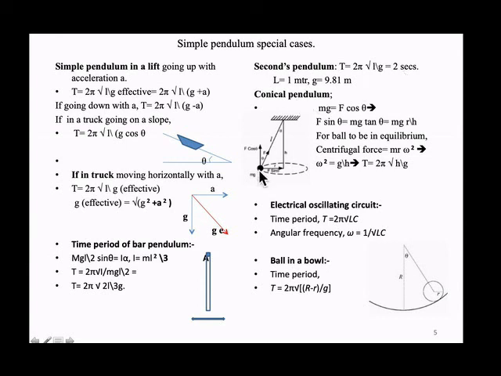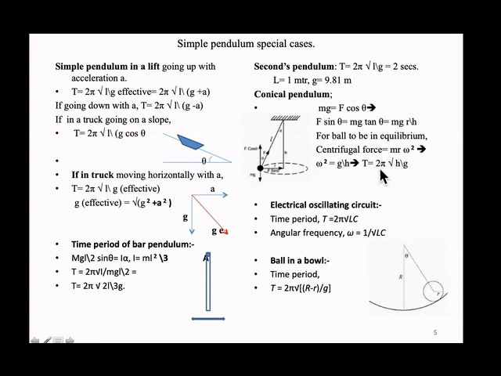So what is a conical pendulum? This conical pendulum, what is the time period? Time period means the time it takes for one revolution. So if you see the equation, mg is equal to tension cos theta. So that means tension sin theta is equal to mv square by r. This is m omega square r. mv square by r or mr omega square, both are same, from which we get omega square is g by h.